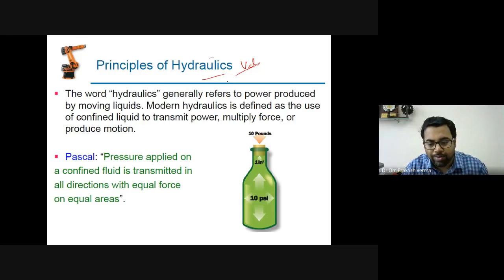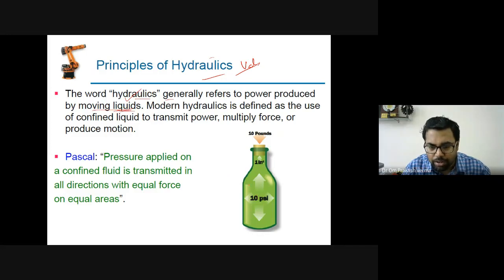Okay. So you can see here the word hydraulics simply relates to fluid or liquid, when it is correlated with liquid force. So whatever power is generated by the liquid comes under the category of hydraulics. So let's say this is a bottle.